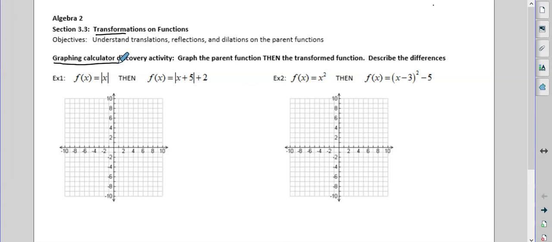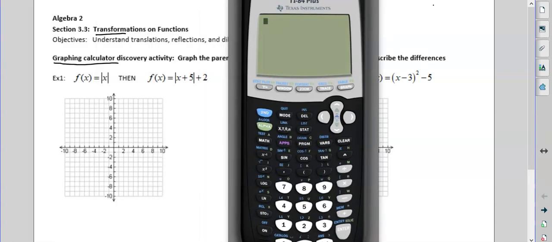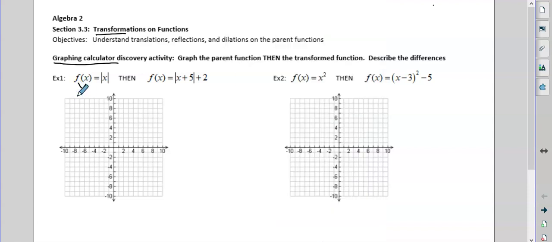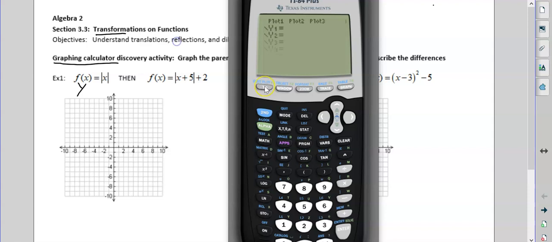Okay? So we're first doing y equals absolute value of x. And when I say y, it's the same thing as f of x. So we go to y equals, and for absolute value, we hit math, go over one number, and there's absolute value. Now we're just going to put an x in there. That's it. And we're going to graph it. And that's a really easy V, okay?